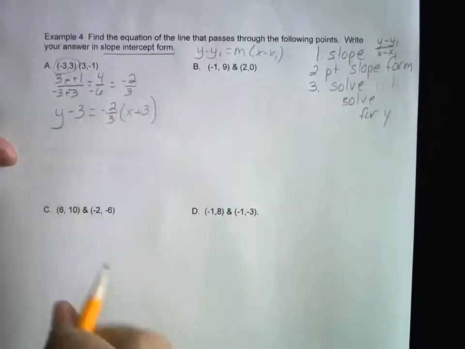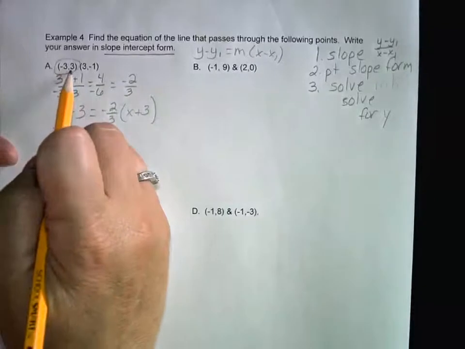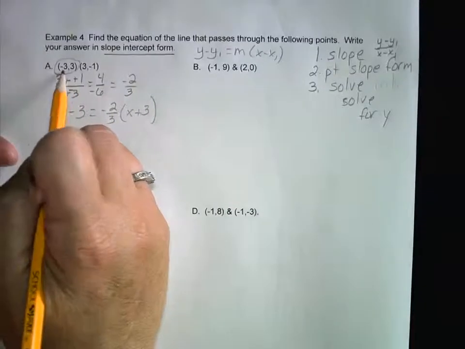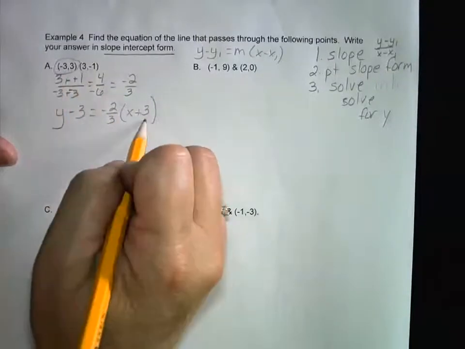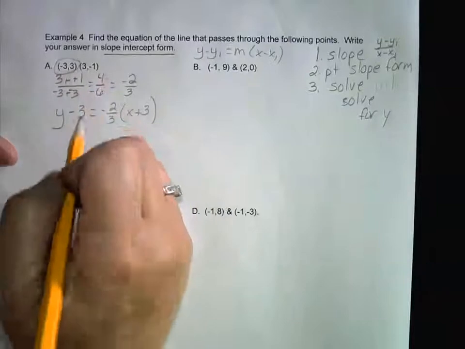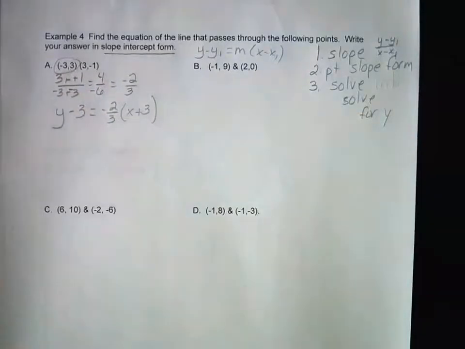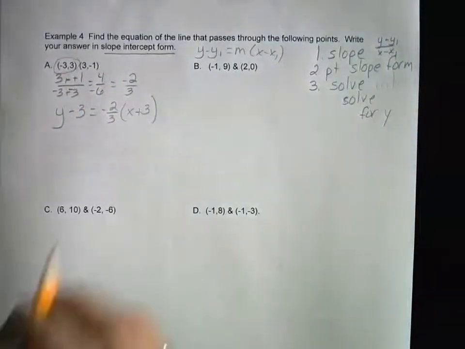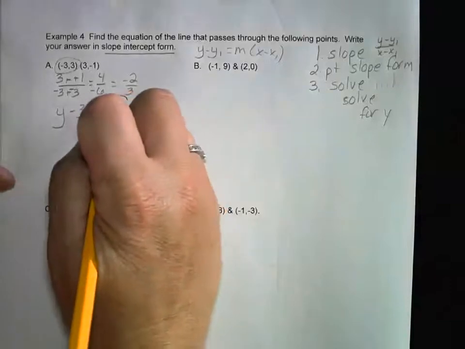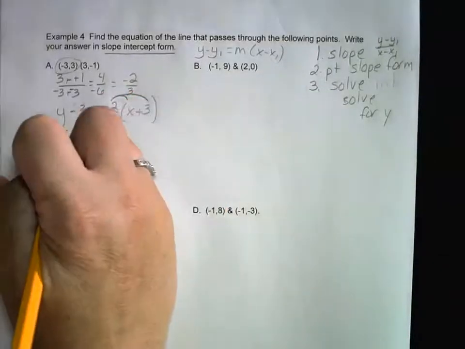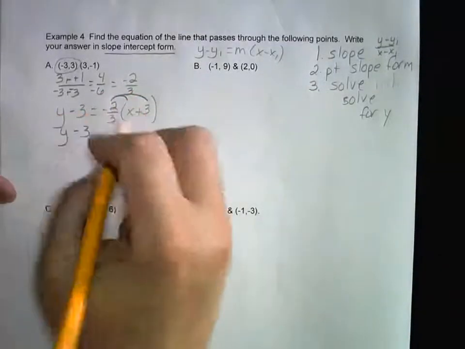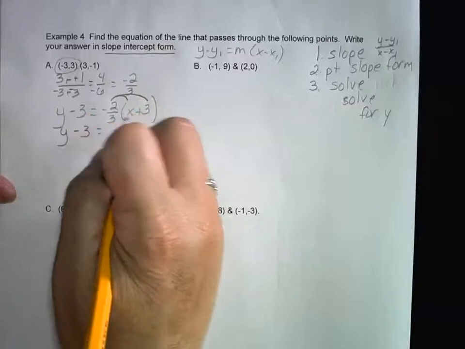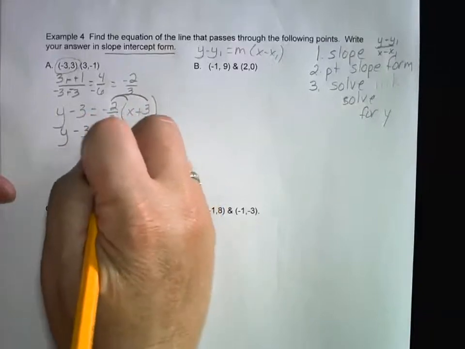Remember how you do the opposites? This was your x. It's a negative, so it becomes a positive. Here it's a positive, so it becomes a negative. Now we need to solve for y. And to do that, you're always going to do it the same way. You're going to distribute negative 2/3 times x is negative 2/3 x.